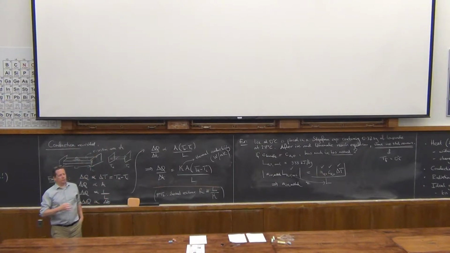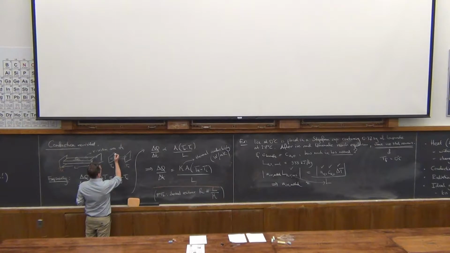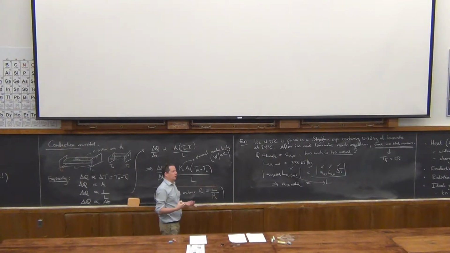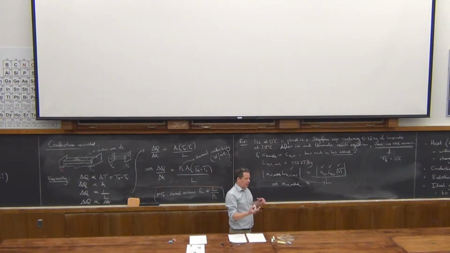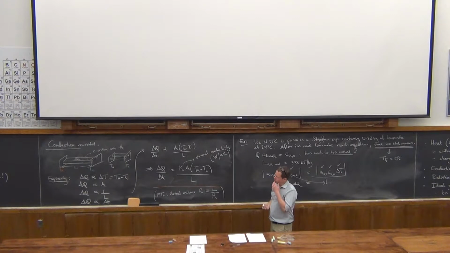Or in principle you could imagine it going the other way, so to speak, where I have several conductive pathways that are not in series but are in parallel. So it's like opening up new thermal conducting pathways. And so you can easily imagine scenarios where I've got materials in series or parallel.